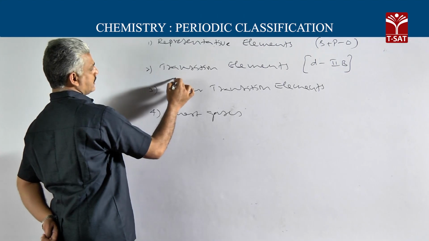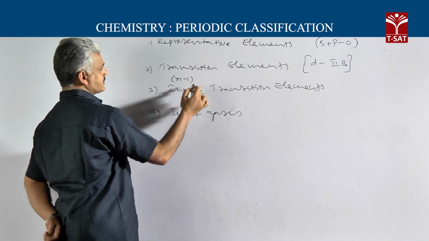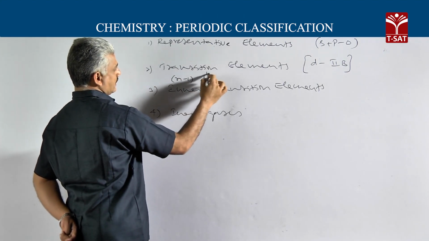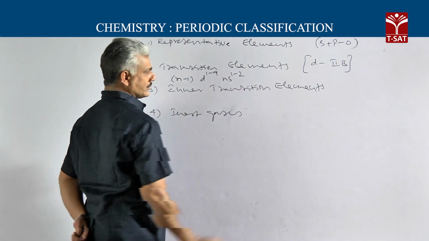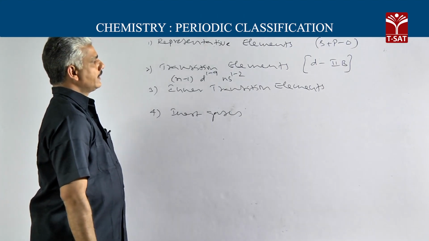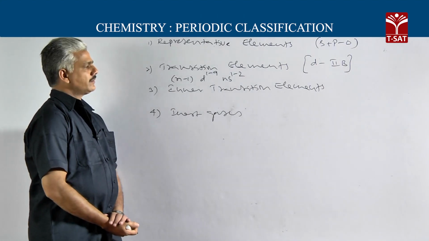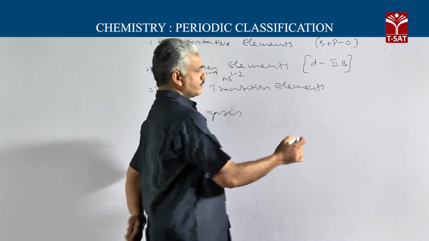The general electronic configuration of transition elements can be represented as (n-1)d1 to 9 ns1 to 2.